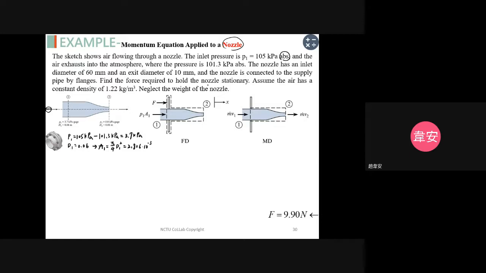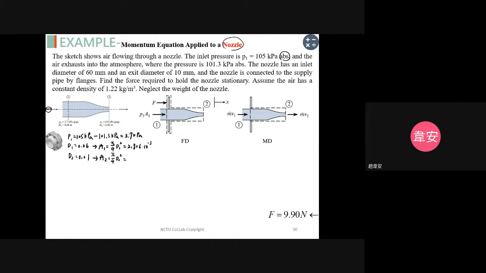And we know that the diameter on the cross-section area 2 is 10 millimeters, so D2 is 0.01 meters. So we know that A2 is π/4 times D2 squared.